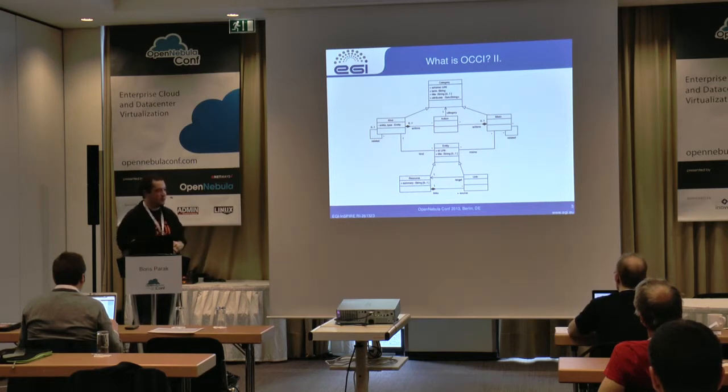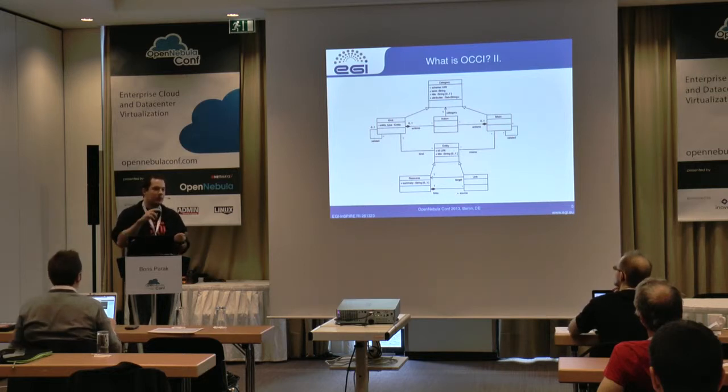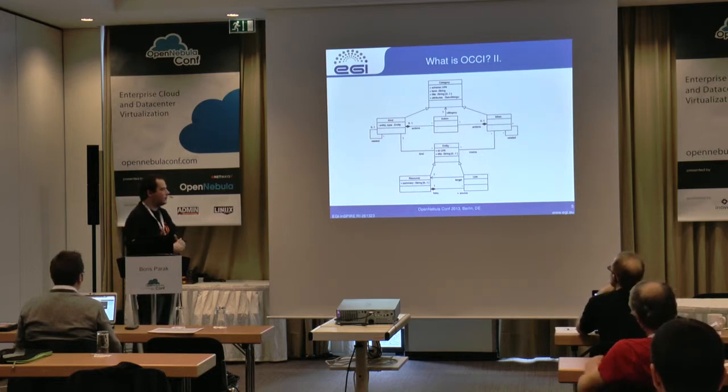Contextualization can be defined as a mixin because it will define inside the already existing structure of a compute request a new attribute, and this attribute would actually be able to transport your public SSH key, your user data, anything you want. So this is actually an approach that will allow you to extend existing classes, existing kinds with new functionality, new attributes.